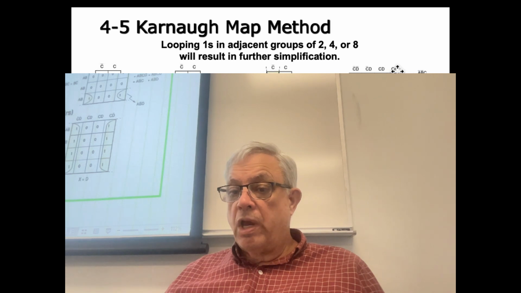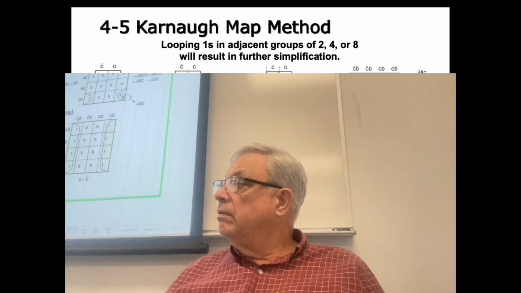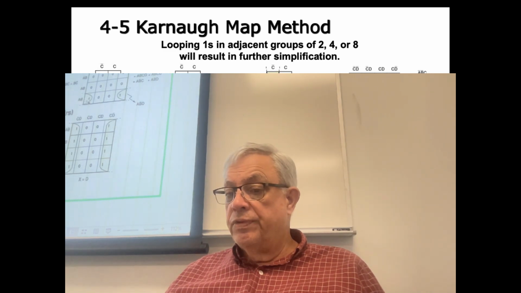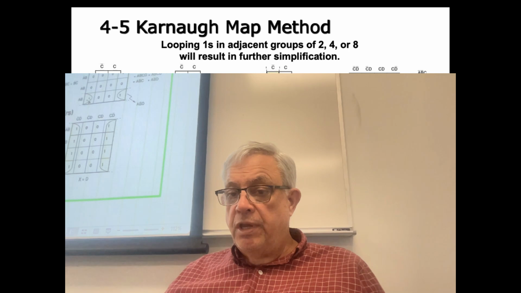Technically, on this one, I could wrap it top to bottom, but I haven't gained anything, because I still have to deal with this one, and I still have to deal with this one. So the simplest expression becomes, looking at this one, A naught, B naught, C, and this one becomes A, B naught, D naught.